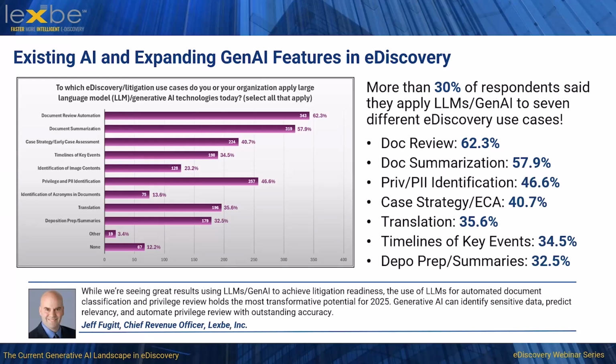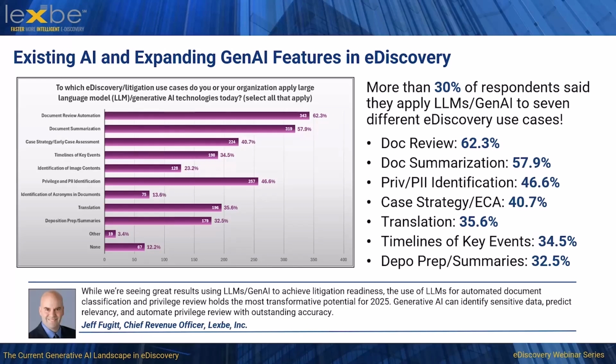That includes the obvious choices like document review and document summarization, but it also includes use cases like identification of personally identifiable information and privileged information. It includes things like development of case strategy and early case assessment, translation of documents, creating timelines of key events, which is always important in litigation, and deposition prep and creating summaries of depositions.